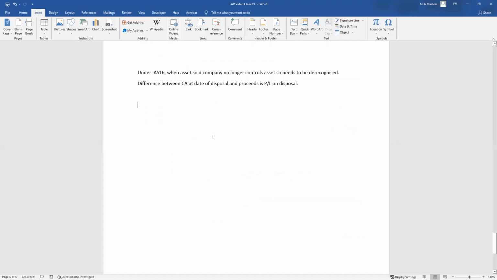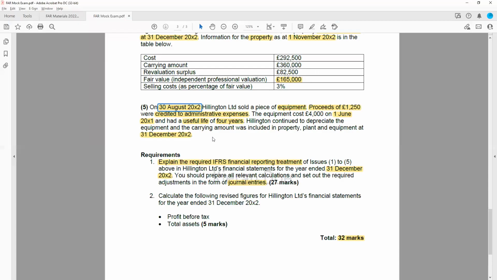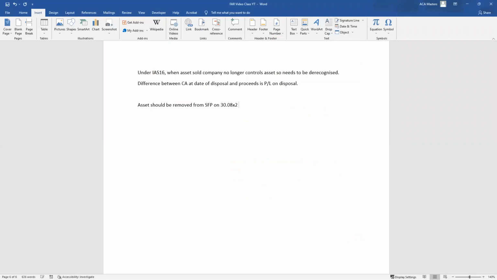So we can say asset should be removed from SFP on 30th of August X2 because H no longer controls asset. Maybe even make it a bit more specific, equipment from this date.